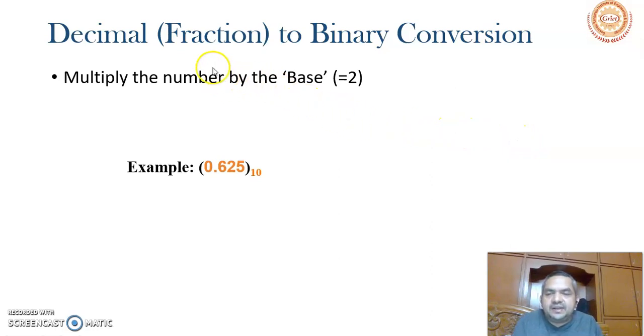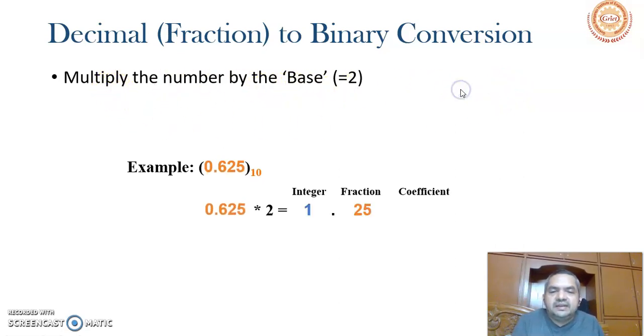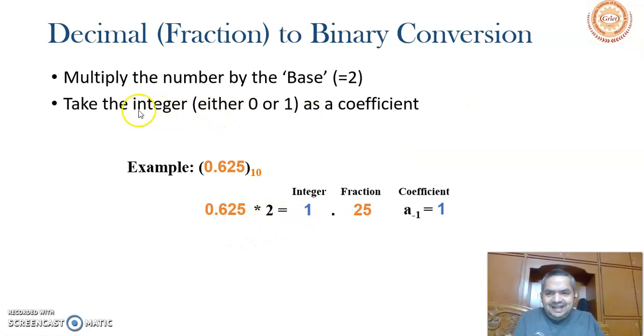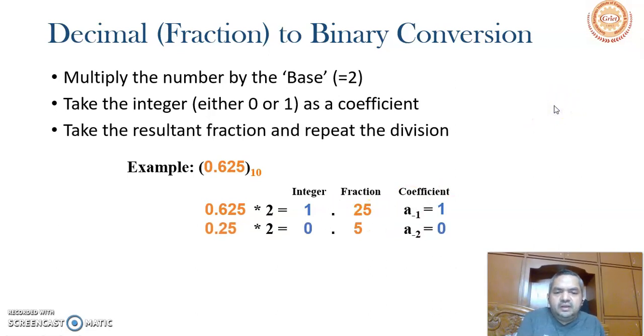Similarly, if the decimal number has a fractional part, how to convert it to binary? Here I multiply the number by the base continuously; that is the successive multiplication method. For example, I want to convert 0.625 of base 10 to binary, so multiply by 2. Take the integer as the coefficient: the result is 1.25, so the integer is 1 and the fraction is 0.25. Again multiply the fraction by 2: the integer value is 0 and the fractional part is 0.5, so take 0 as the coefficient.